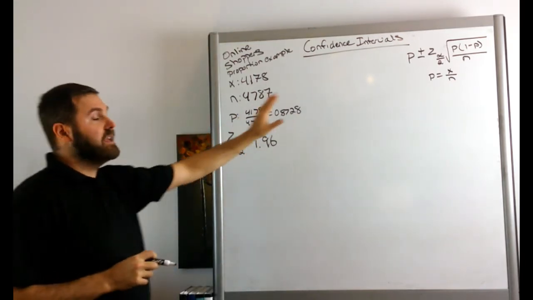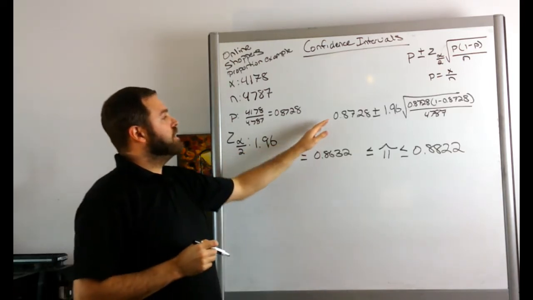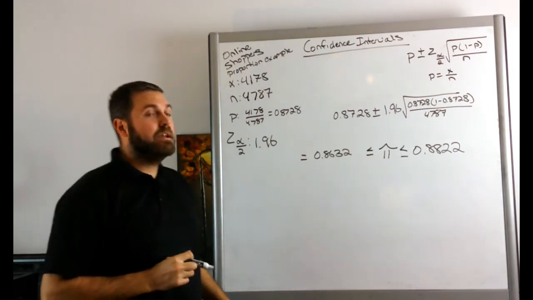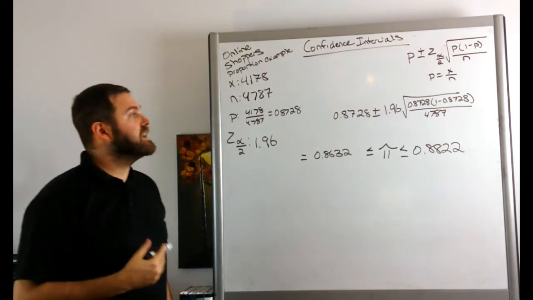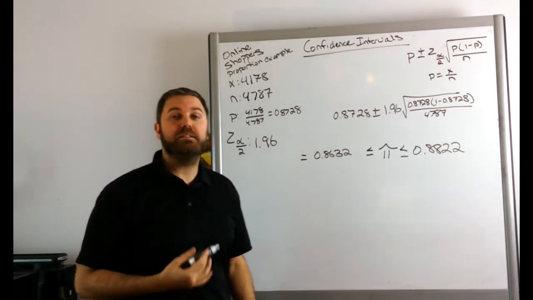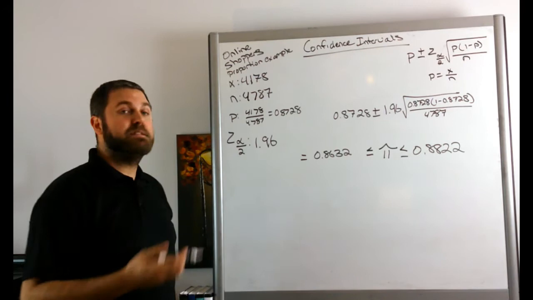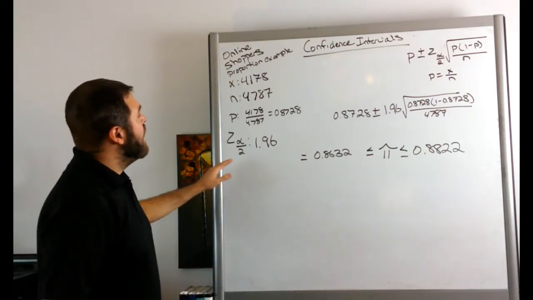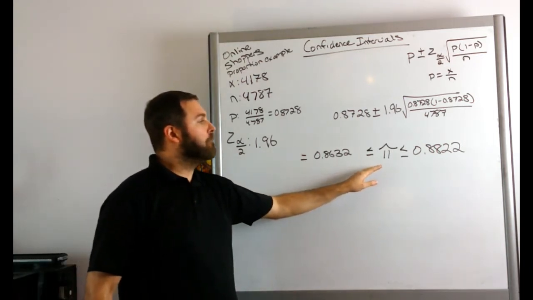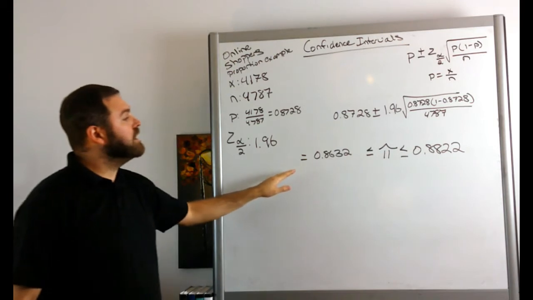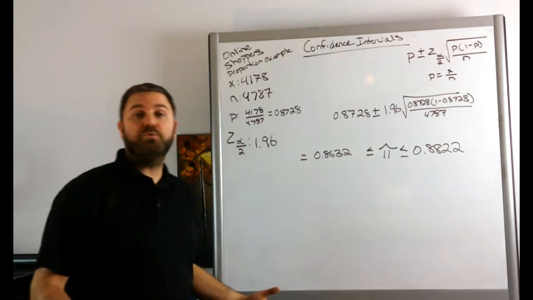Now we can plug this into our confidence interval of the proportion equation. Here we have our equation, 0.8728 plus or minus 1.96 times the square root of 0.8728 times 1 minus 0.8728 divided by 4,787, which gives us 95% confident that the population proportion is between 0.8632 and 0.8822.